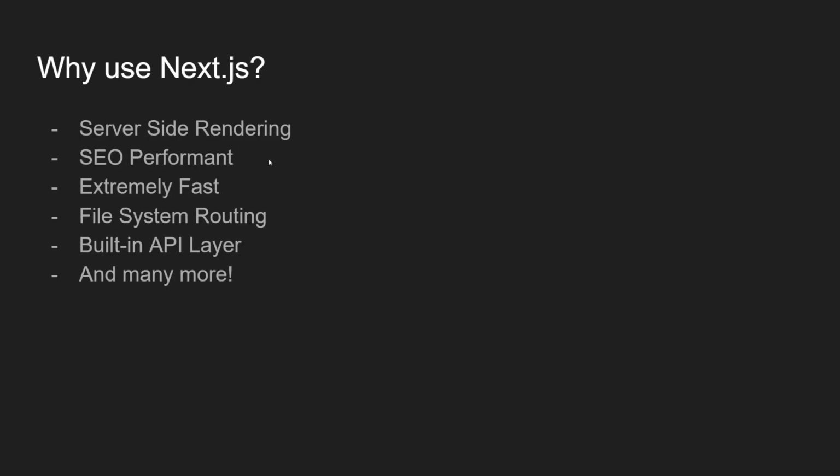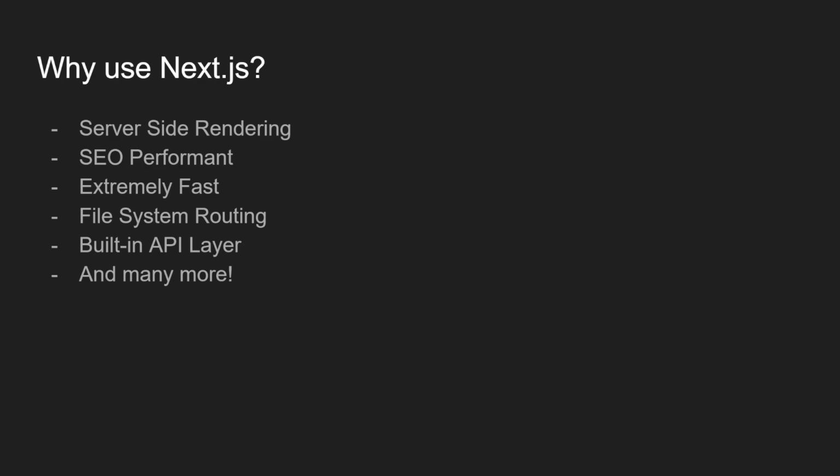Okay, so what are some reasons to use Next.js? Well, the number one reason is, of course, server-side rendering. There's also SEO. So SEO stands for search engine optimization. We're not going to talk too much about that in this tutorial, but there are some good resources on the Next.js docs that explain what exactly SEO is and why it's important.